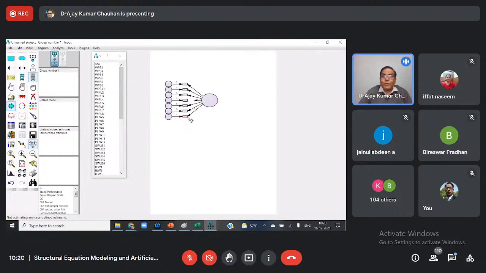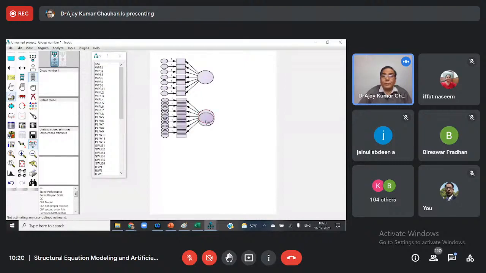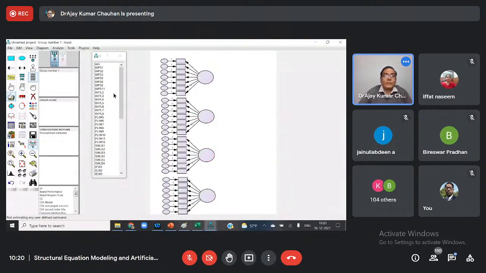I have to make 4 different constructs to fit on the page. Let me duplicate it: 1, 2, 3, and 4. So this is WPS, 1, 2, 3, 4, 5, 6, 7. 1, 2, 3, 4, 5, 6, 7. So all are perfect.